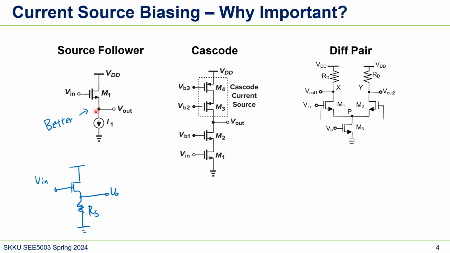The gain here is almost 1, and it has better linearity. So the source follower uses a current source, and the cascode too. The upper one is actually a current source. So this is the same as, we can also represent it like this.